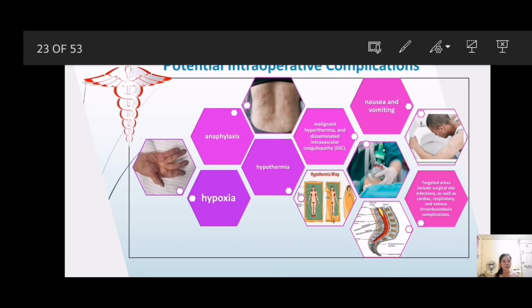Then for hypoxia, this is a low oxygen level in your blood. Hypothermia is caused by prolonged exposure to very cold temperature. When you are exposed to cold temperatures, your body begins to lose heat faster than it produces it.